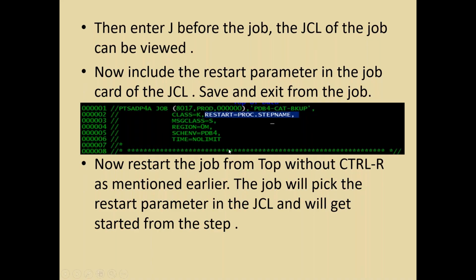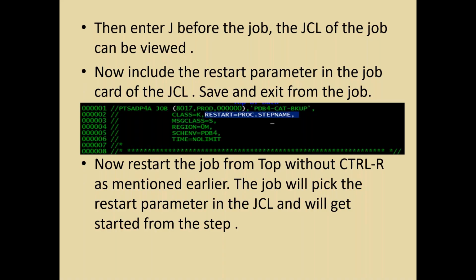So here I am including RESTART equal to proc.step name, that is, a particular proc step name. Like suppose JSTEP1 is a job step which is calling your proc A. So what I will do is give JSTEP1 dot, and whatever step is inside that proc, that step I will give to restart.